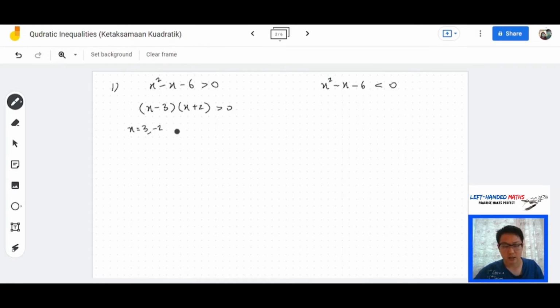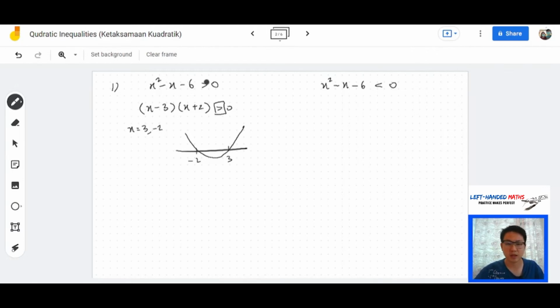After we are done with this, we need to draw a sketch of the graph. We put the roots here, -2 on the left and 3 on the right, and sketch a graph. Then we write our answer. We look at the inequality sign, more than 0.